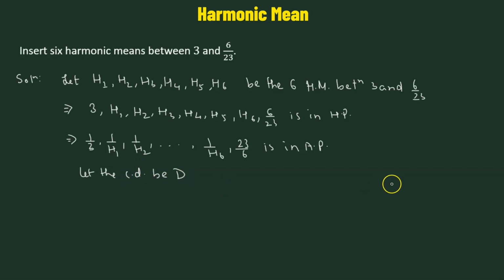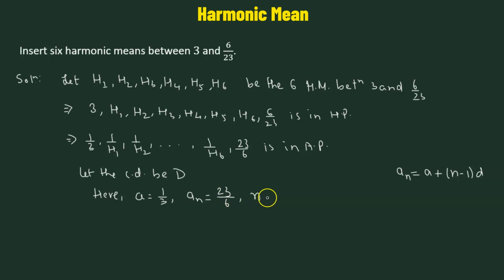Now, what's the nth term of an arithmetic progression? We know that the nth term is given by the formula an equals a plus n minus 1 times the common difference d. In our case, the first term a is 1 over 3. The nth term an is the last term, which is 23 over 6.